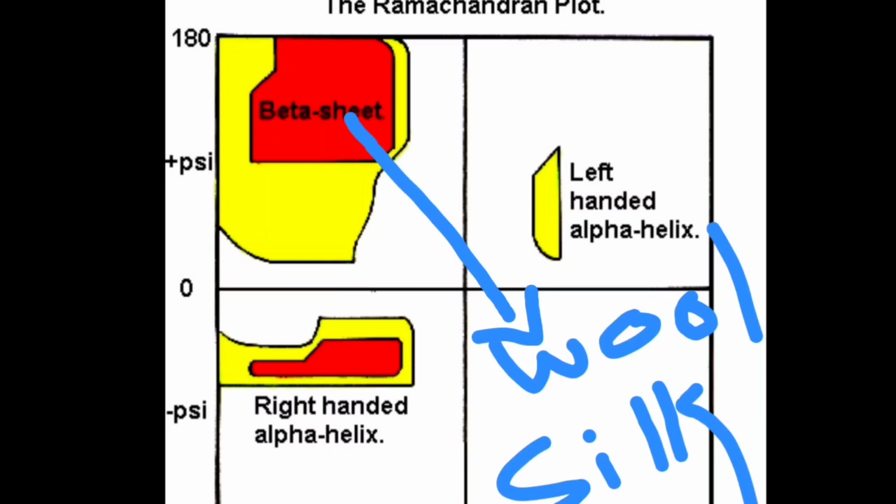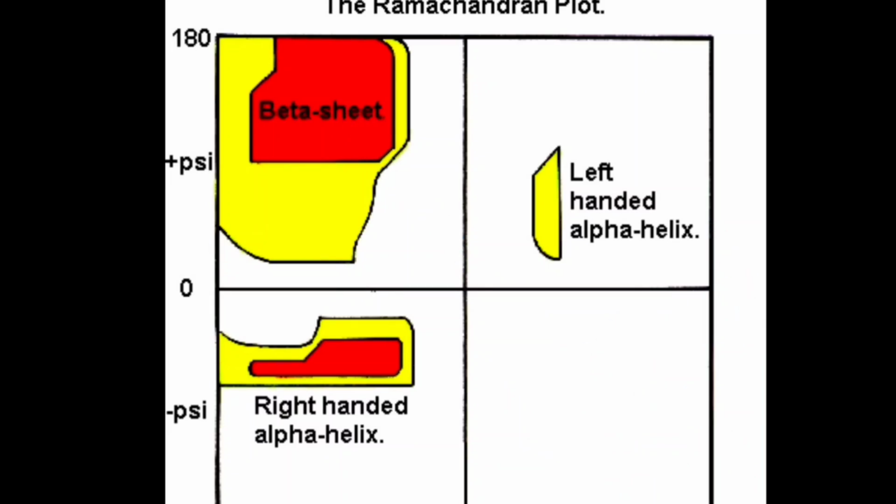Okay. Now, basically, the Ramachandran plot shows the secondary structure of the protein, and the common examples of secondary structure are none other than the alpha helix and the beta sheet. You can observe that the red color is showing the most allowed region, namely the alpha helical and the beta sheet both.